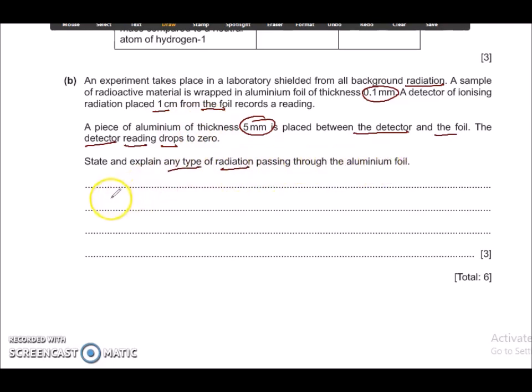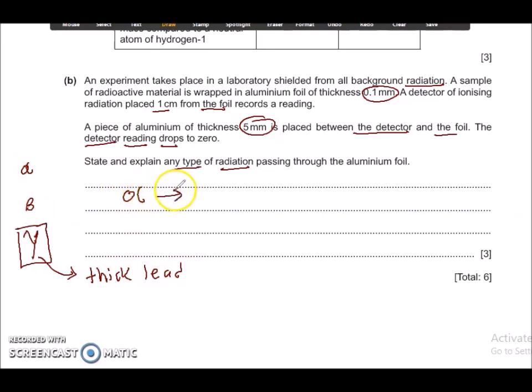So the only choice here, radiation we only have alpha, beta and also gamma. Gamma is impossible to be included over here because it can only be stopped by a thick lead block. So alpha can be stopped by 0.1 aluminium foil.